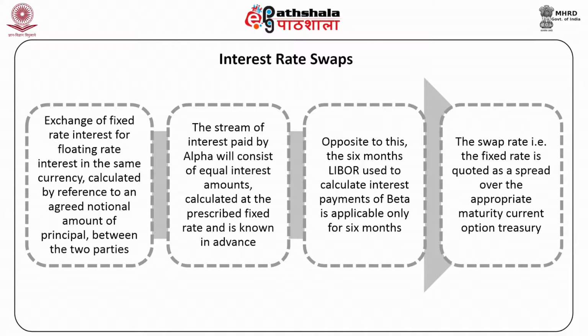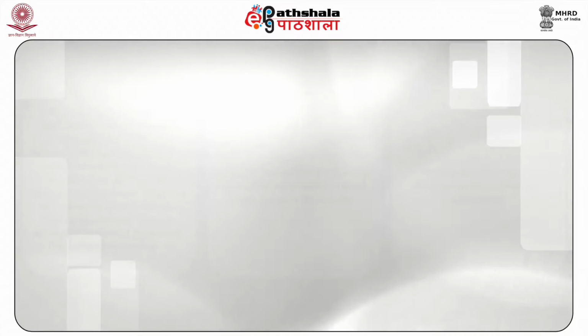The swap rate, that is the fixed rate, is quoted as a spread over the appropriate maturity current option treasury. Payments on floating sides are usually made flat, that is with no spread on the index rate.